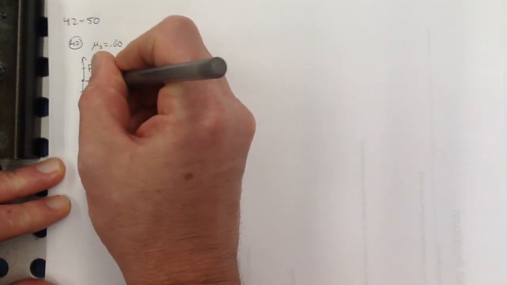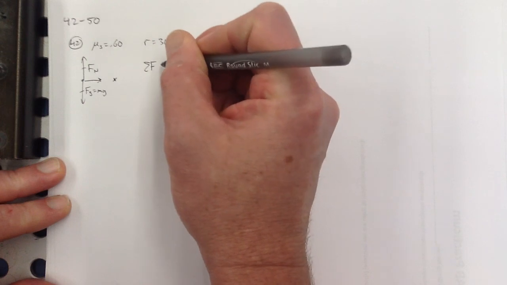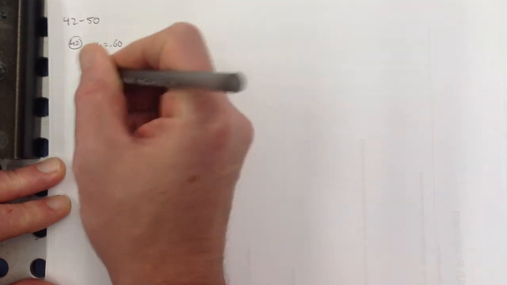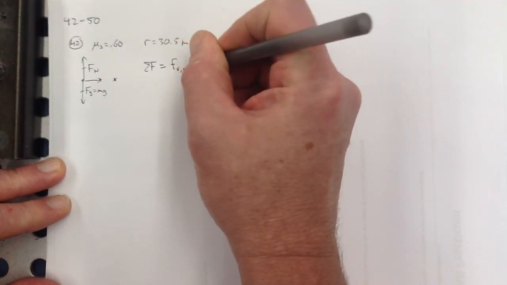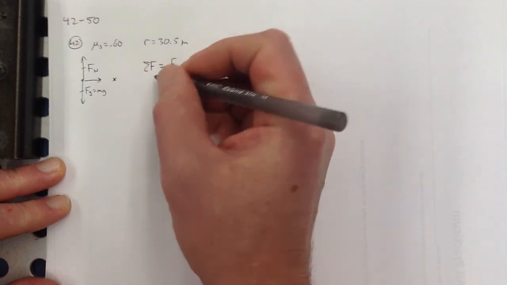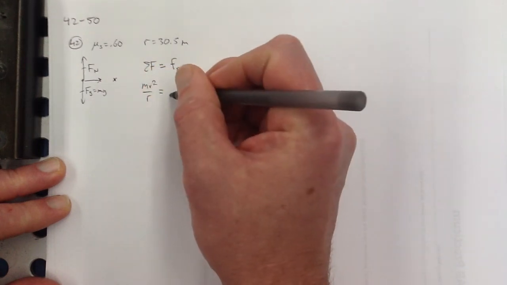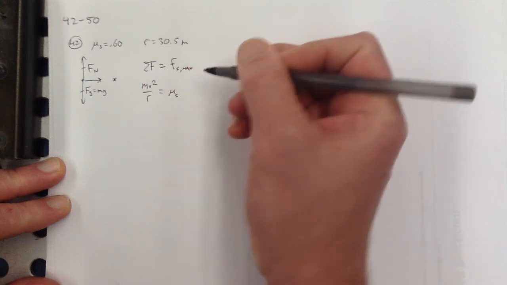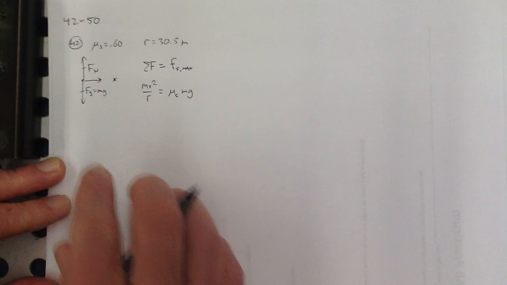All right, so anyway, what about this? Here our unbalanced force toward the center of the circle is going to be equal to the friction force, and we're going to try to max that out. So unbalanced force toward the center of the circle has got to be mv squared over r. Our maximum friction is going to be mu times the normal force.